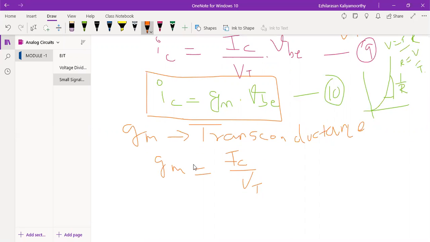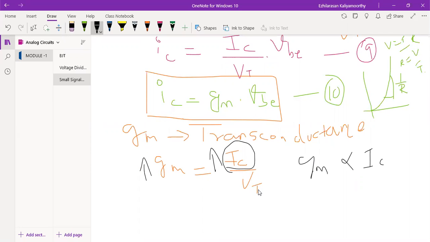So from this I can say, if the collector current increases, then automatically the transconductance also increases. So gm is directly proportional to IC. At the same time, what about VT, the thermal voltage?